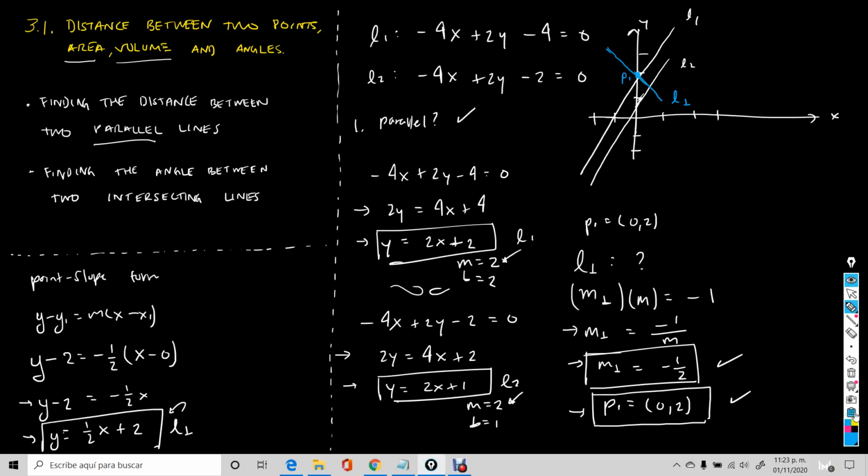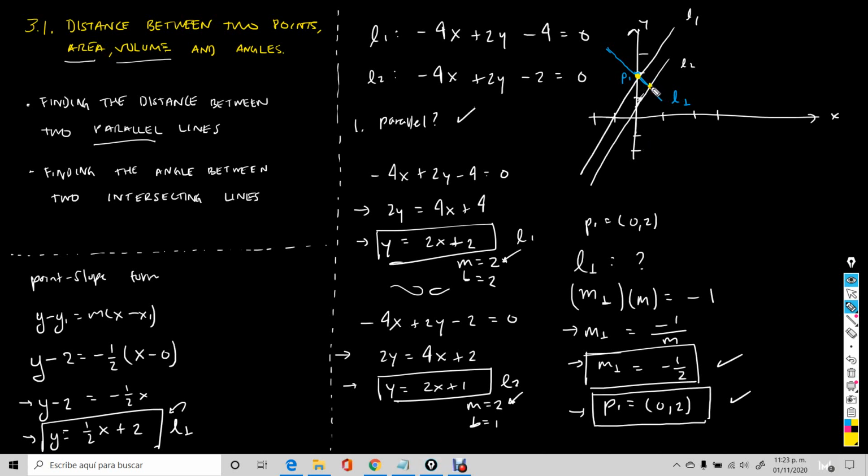Remember, what we need, guys, is to locate this point over here. All I need to do next is locate at which point this blue line, the perpendicular line, crosses L2. This one, okay?